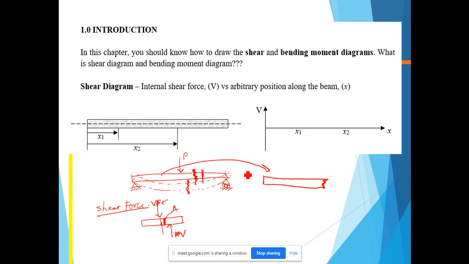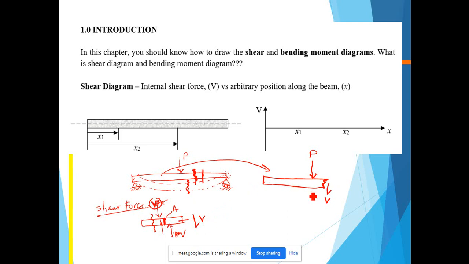Because we have P here, a shear force will be developed, which is V. This concept is the same as the previous one. If there is a force parallel to the cross section, this is what we call shear force, and if we do the sectioning, we will have the internal shear force.